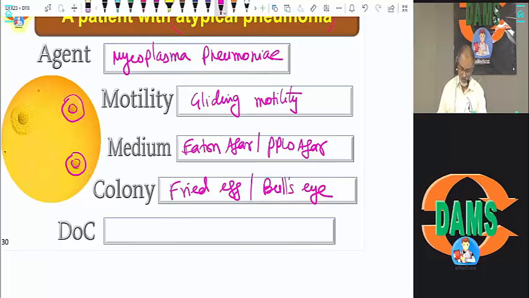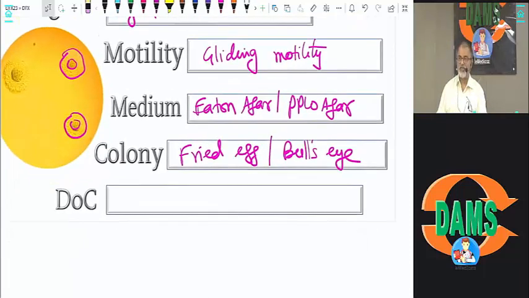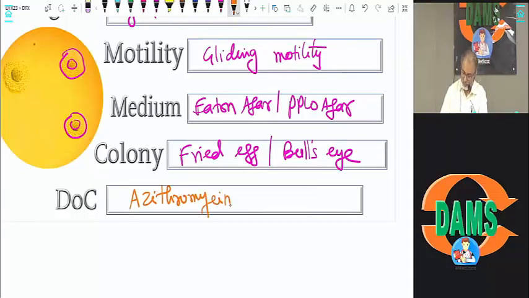What is the drug of choice for all atypical pneumonia? A for A: azithromycin is the treatment. Very good. Drug of choice, that's all.